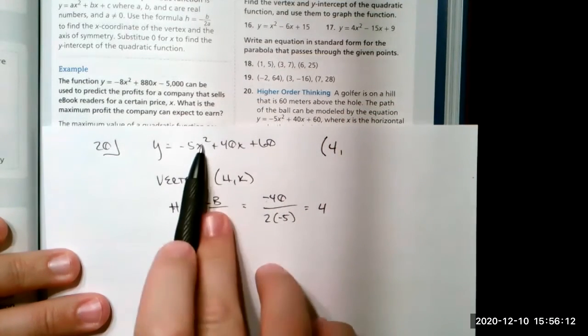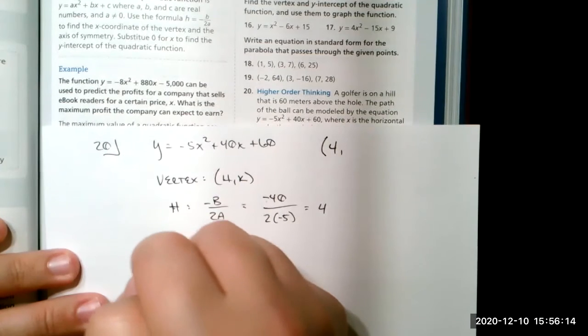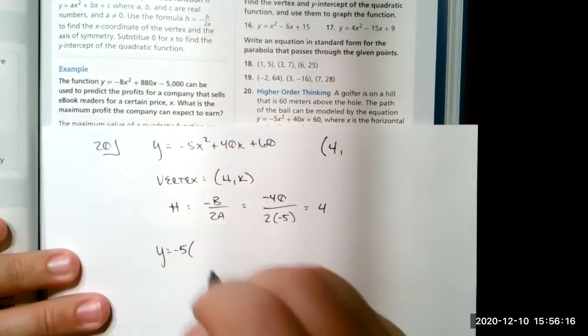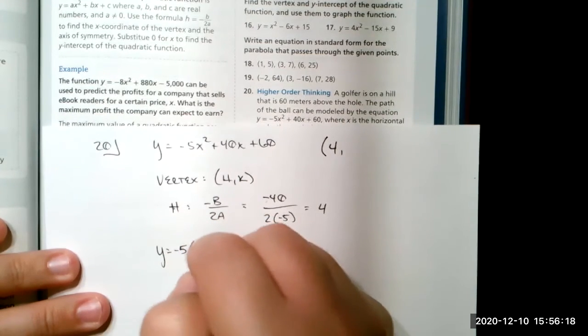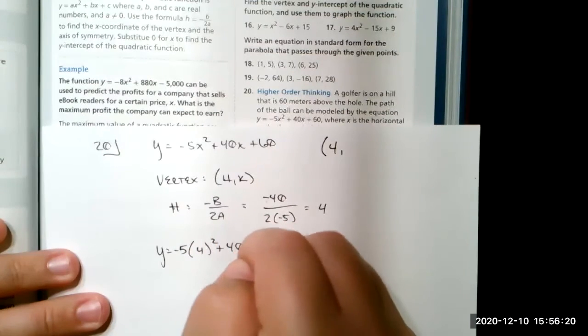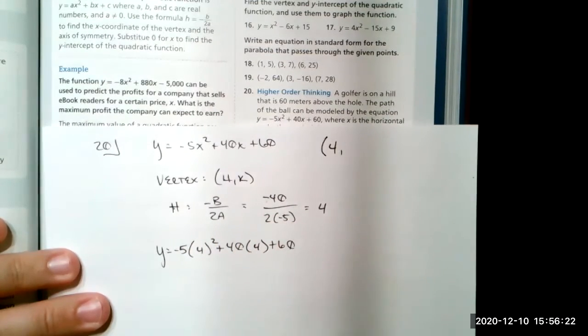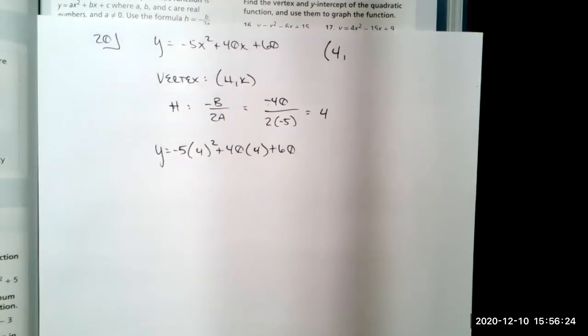All we have to do is plug that in. So it's going to be y equals -5 parentheses 4 squared plus 40 times 4 plus 60. Again, do that by hand. I would always suggest you do those things by hand. I think that's the best way to keep your brain fresh and keep you comfortable with manipulating numbers and multiplying them in your head.